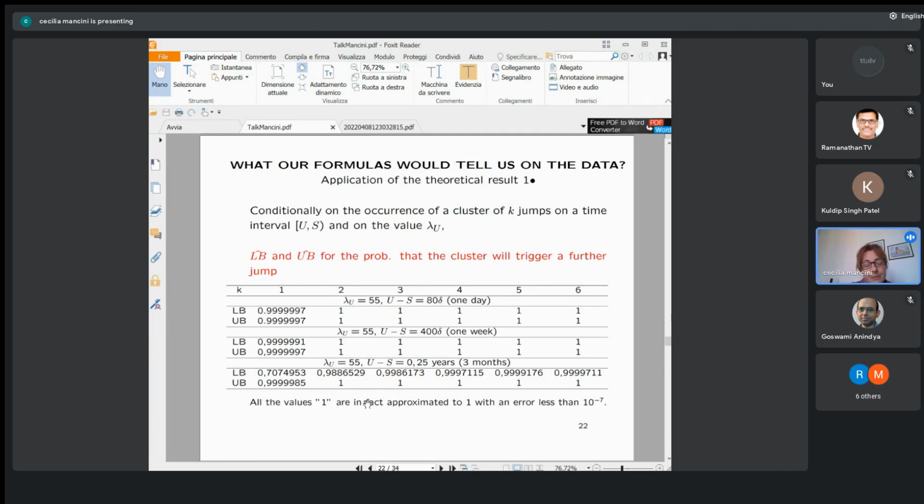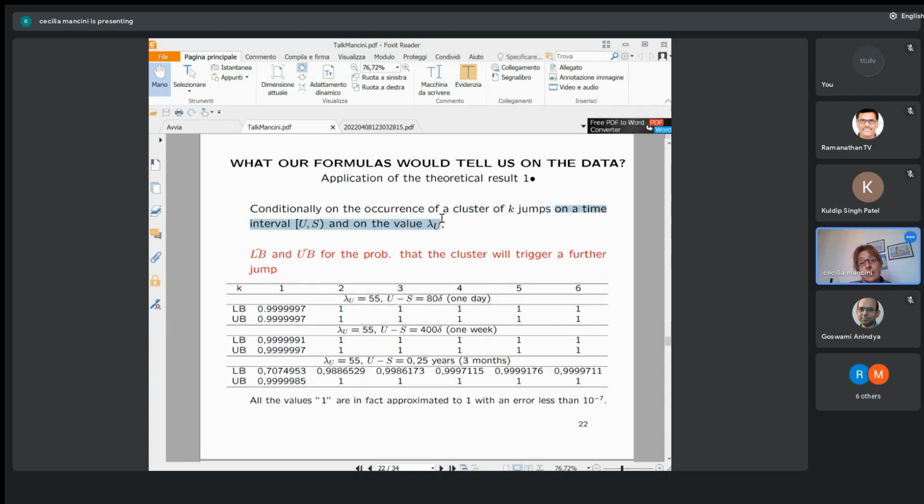This is a report on the probability that an observed cluster of K jumps on the interval US, knowing lambda U, will produce a further jump.